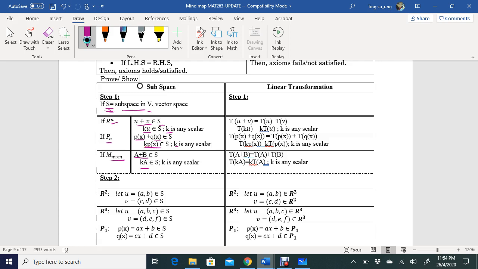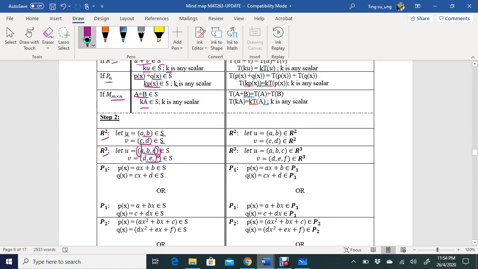Step 2, you need to write, if you say R to the power of 2, you have u equal to (a, b), v equal to (c, d), again elements of S. If R to the power of 3, you have (a, b, c), (d, e, f). Please remember, you must have brackets.